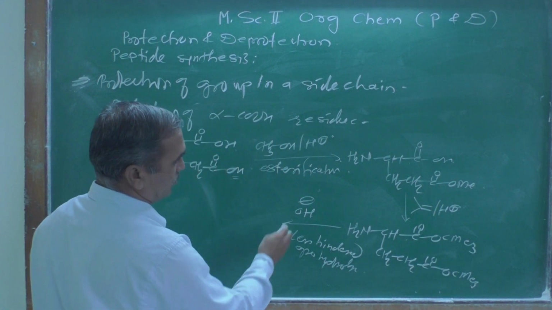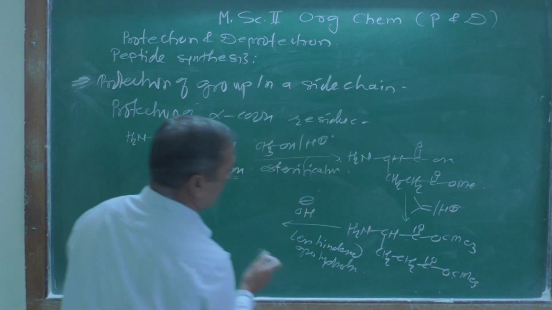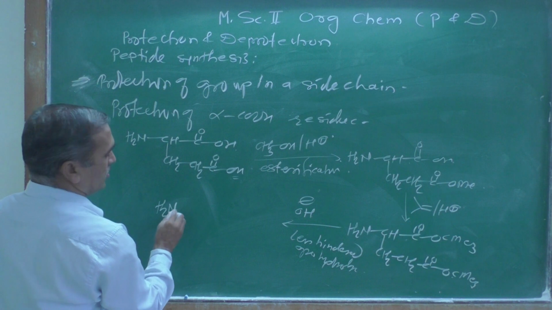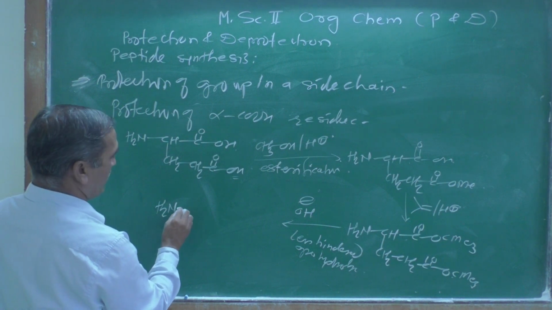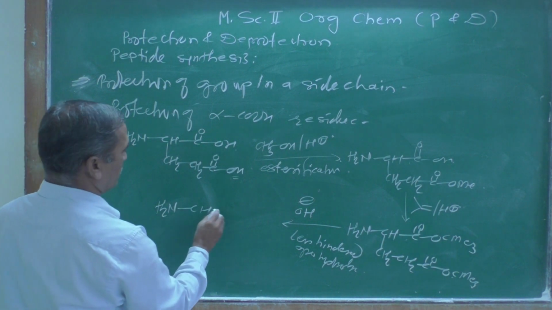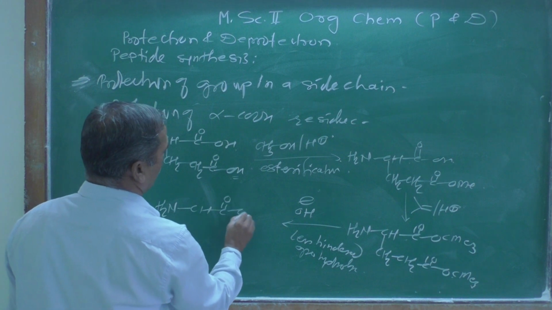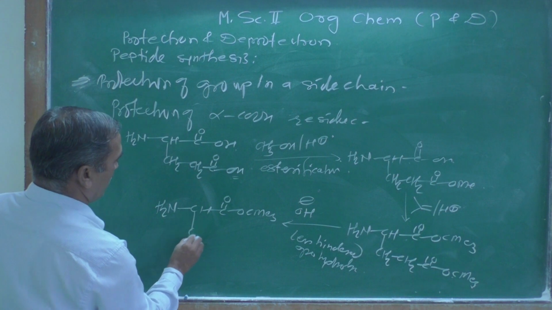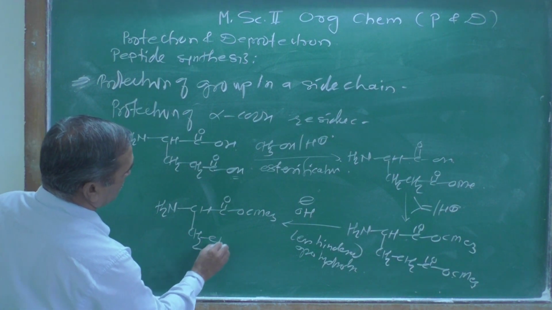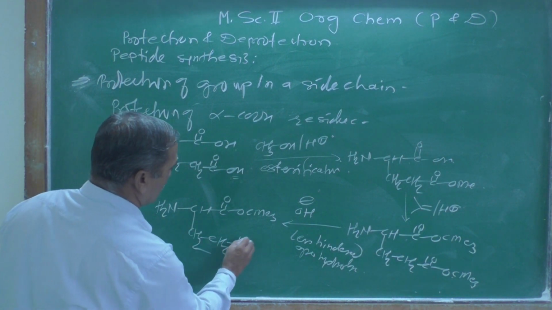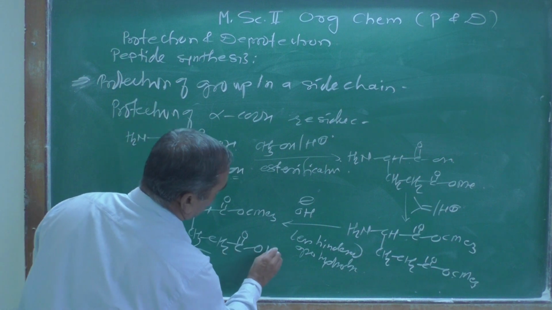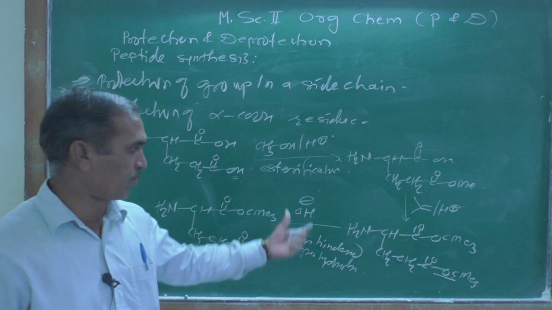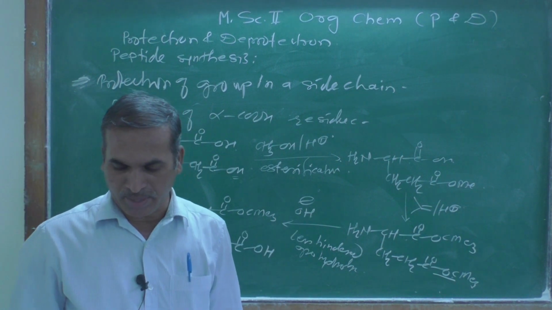We get H2N, then CH, C double bond O, CMe3, which remains as it is, and then CH2, C double bond OH. These groups are selectively deprotected with this base.